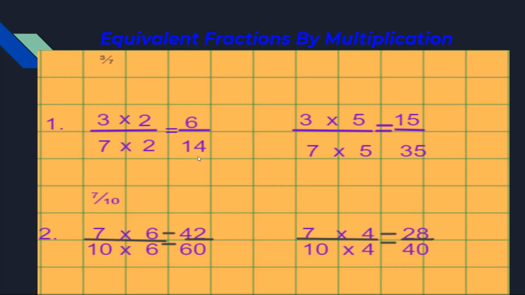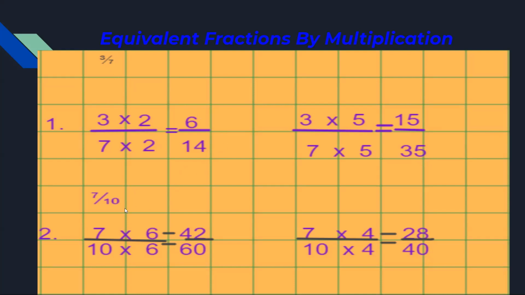And the second equivalent is 3 into 5 upon 7 into 5 equals 15 upon 35. So 6 upon 14 and 15 upon 35 are equivalent fractions of 3 upon 7. In this way, we can write as many equivalent fractions as we can, may be 2, 3, 4.